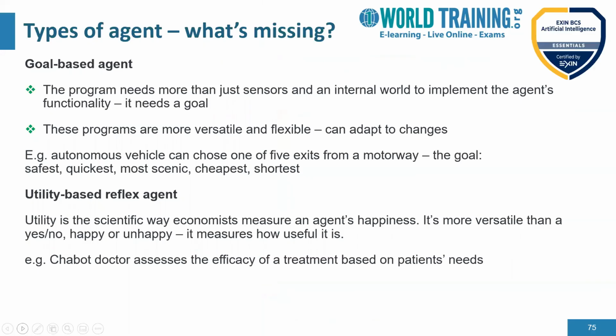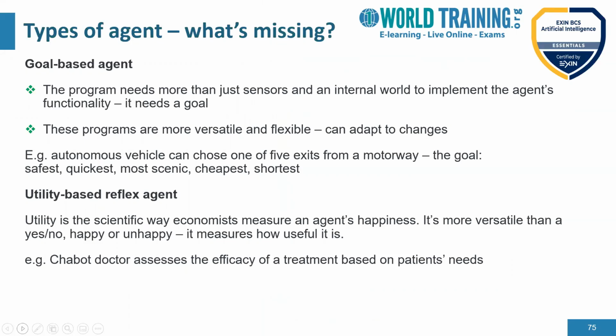Now the third type is your goal-based agent. The goal-based agent is fundamentally aimed at working when there is some specific goal which has been assigned to the agent. In the goal-based agent, your program needs more than just sensors and internal world.